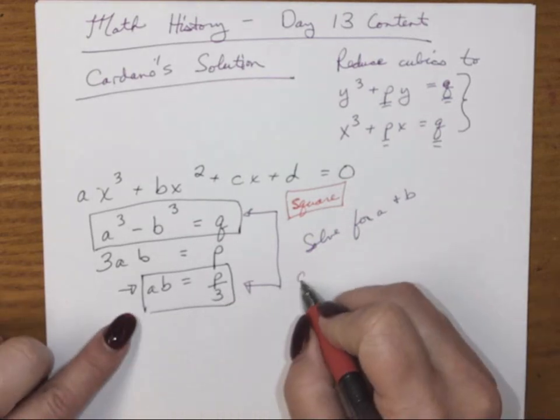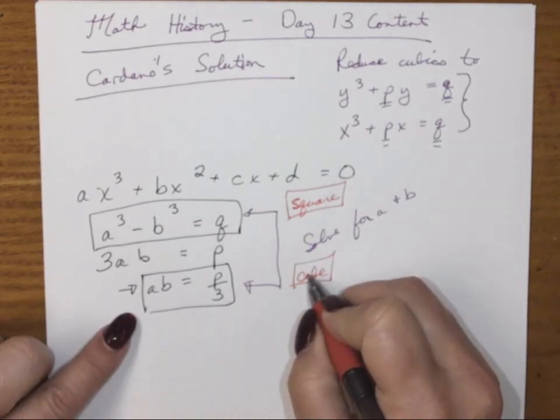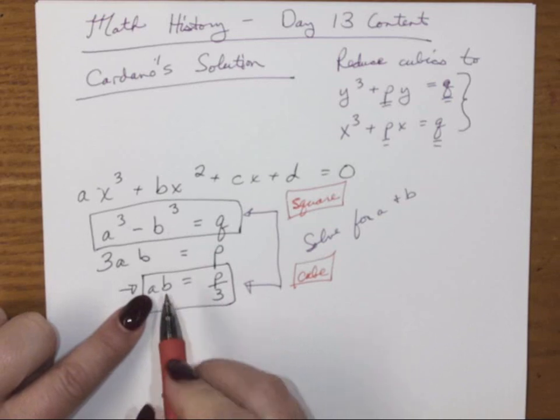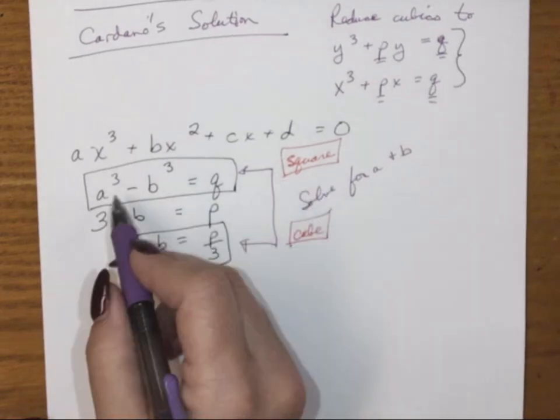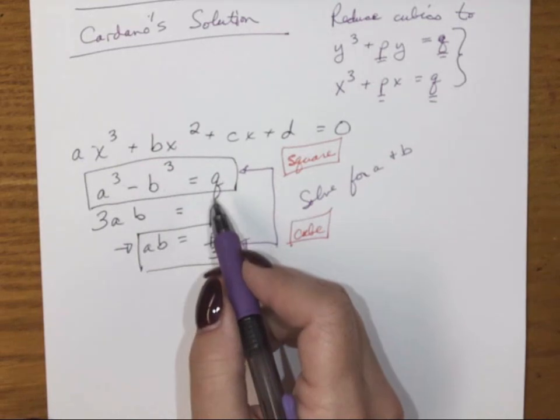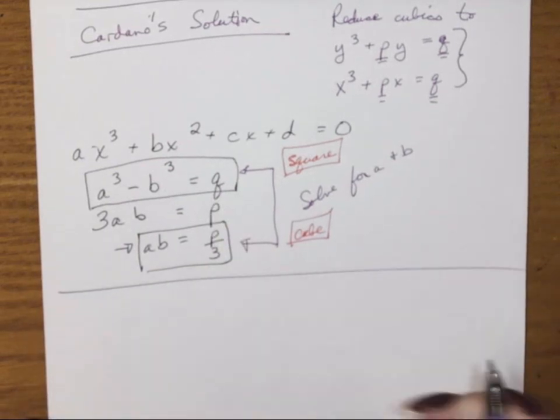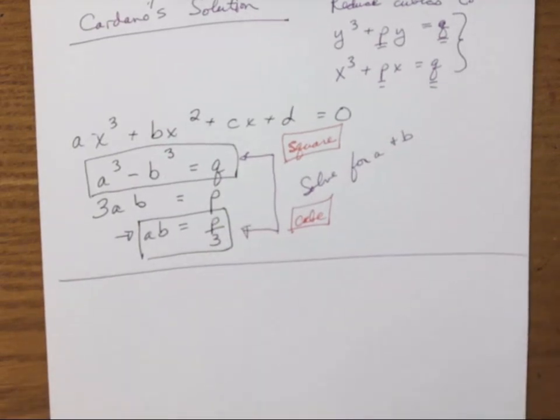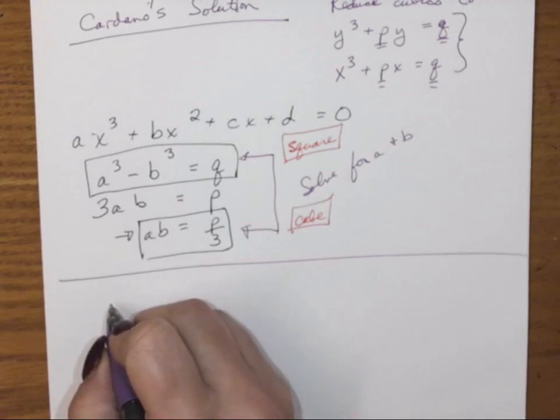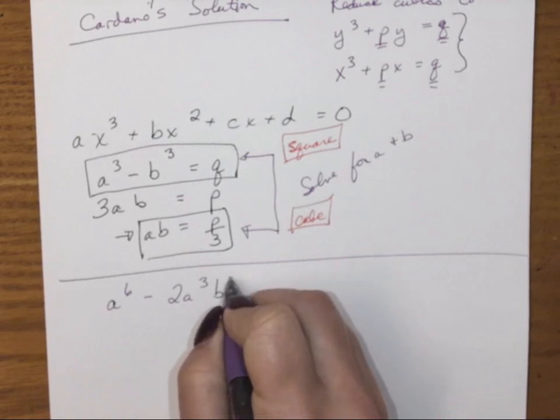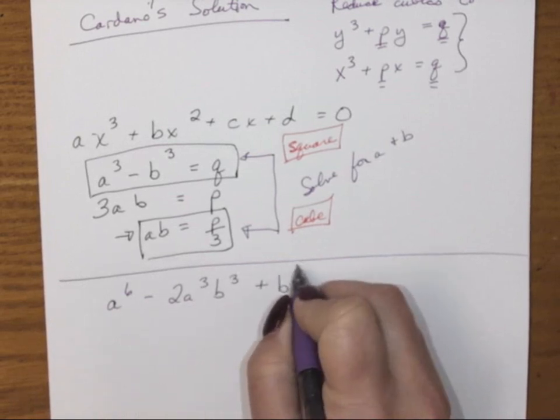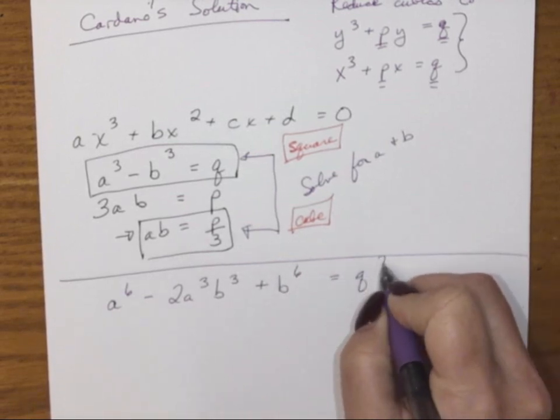But this one, if I cube it, then it'll give me powers of 3 on the A and the B. And so he's going to do a special combination whenever he starts working with this system of equations. So what's it look like whenever I square this first equation? Well, what Cardano comes up with is, okay, let's square that first guy. I get a to the 6th minus 2a cubed b cubed plus b to the 6th is equal to q squared.